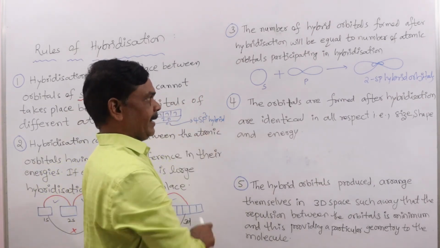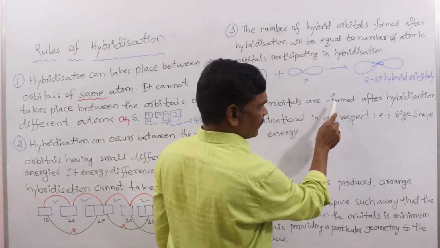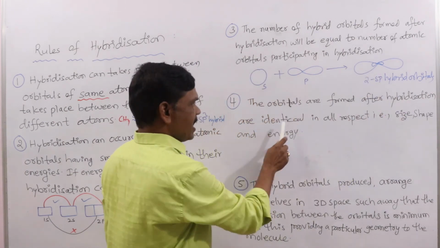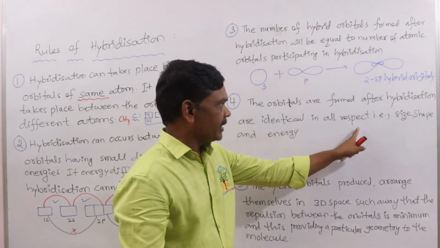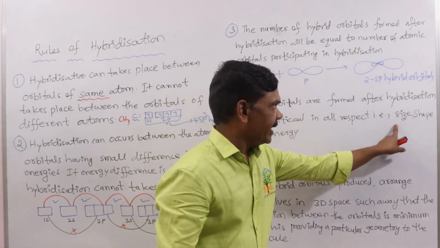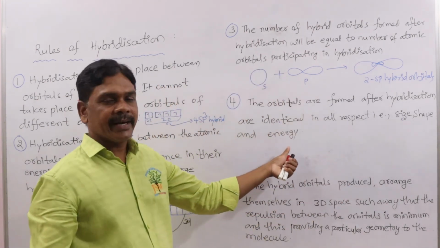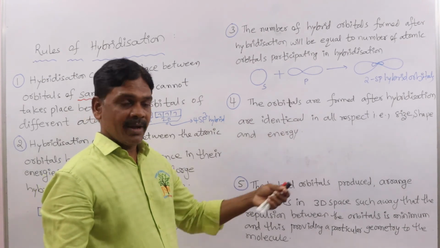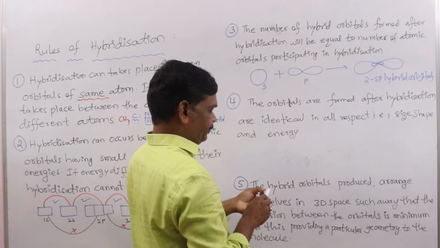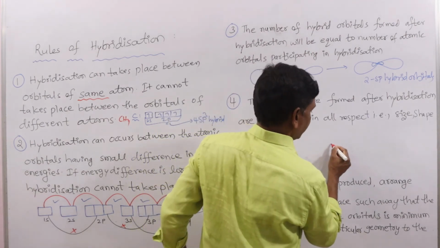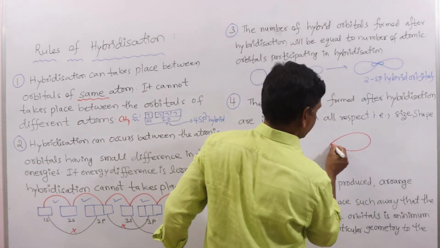Now the fourth point. The orbitals formed after hybridization are identical in all respects: size, shape and energy. Generally the hybrid orbital is denoted like this.